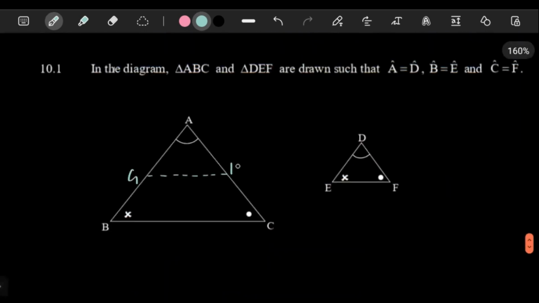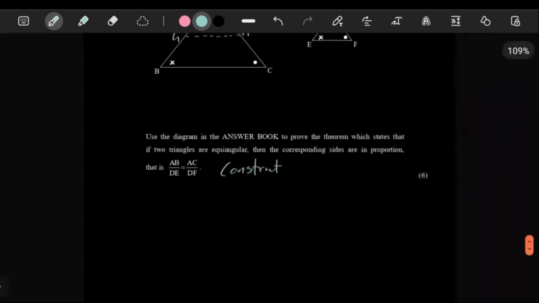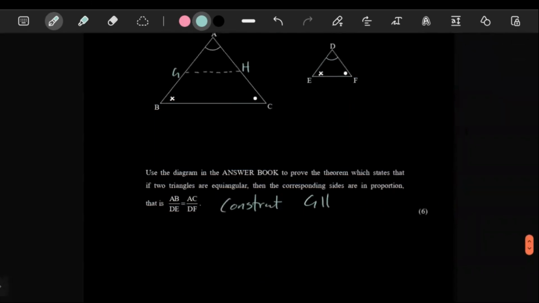So this is a very annoying theorem, but just bear with me. So you have to construct GH parallel to BC, such that GH is equal to EF.